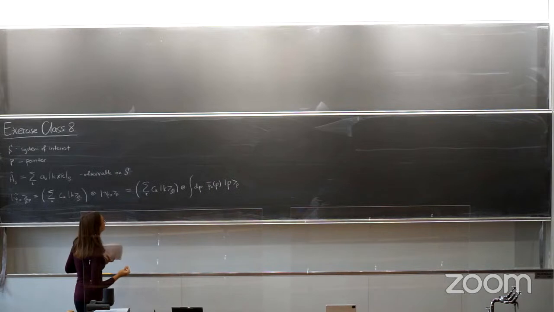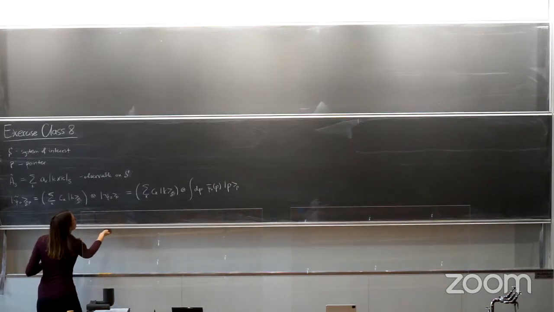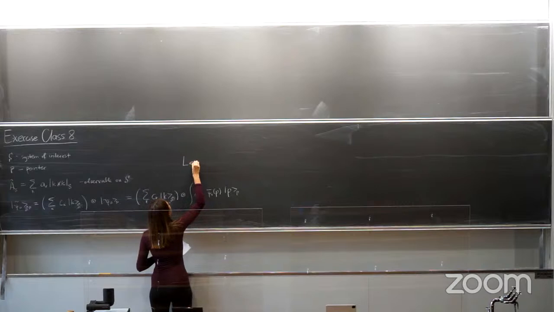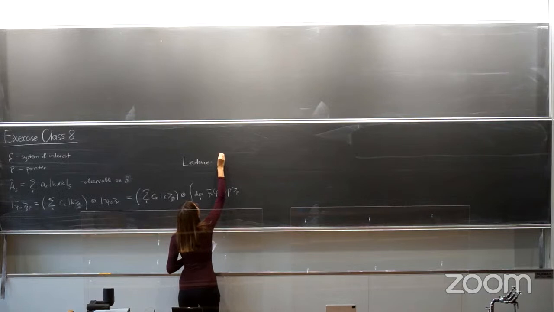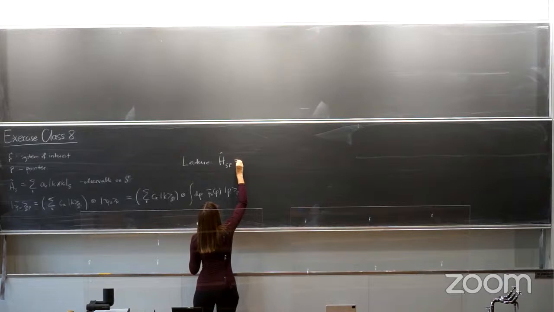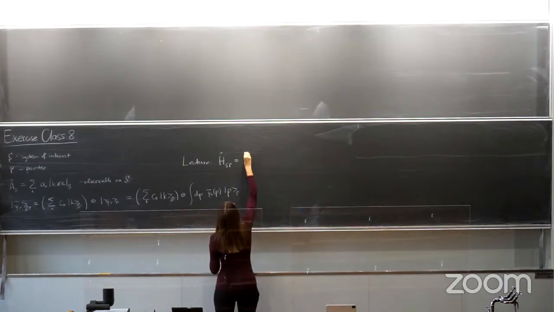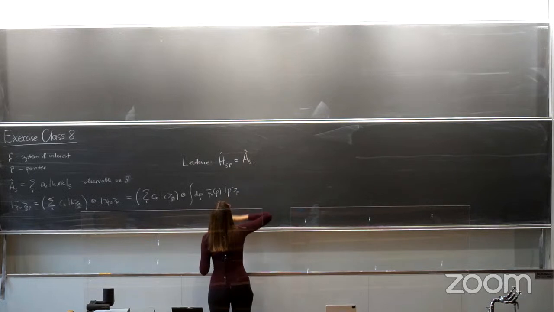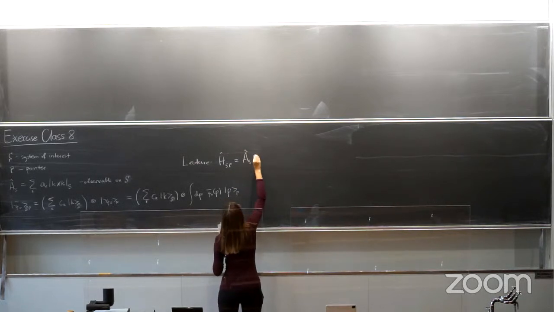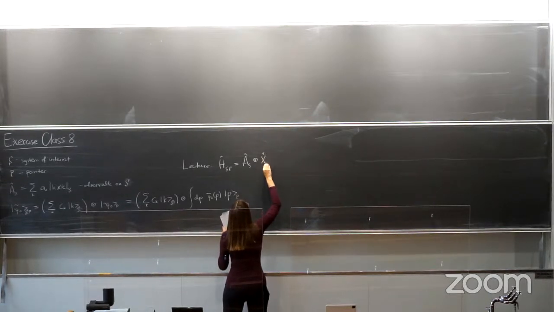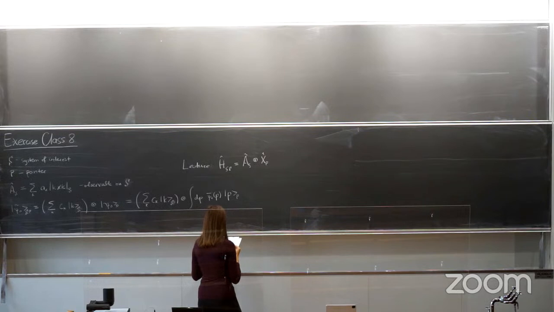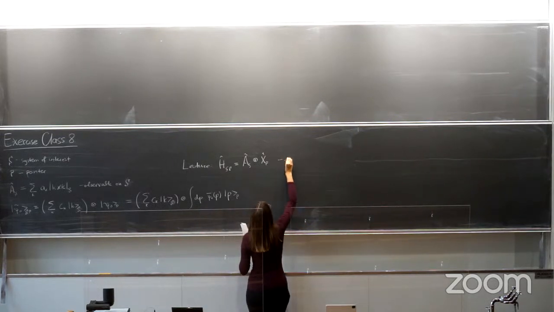And then in the lecture, what we've seen is if we take the Hamiltonian H on both systems, S and P, which is equal to A_S tensor product position X on the pointer, and then we evolve for time t the system under this Hamiltonian.